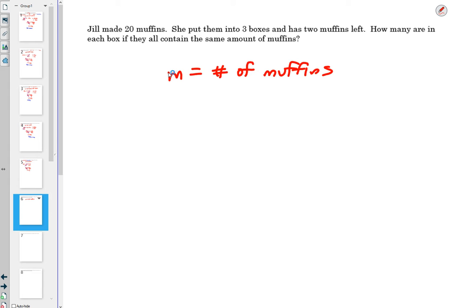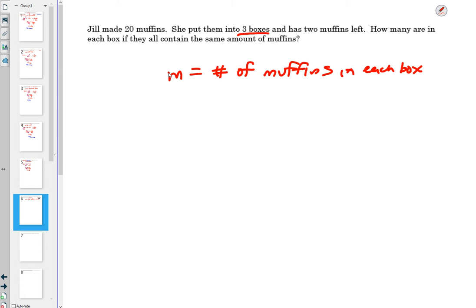So she made 20 muffins and then she put them into 3 boxes and had 2 left over. So how many are in each box? Oh, I should have added this: m is the number of muffins in each box.